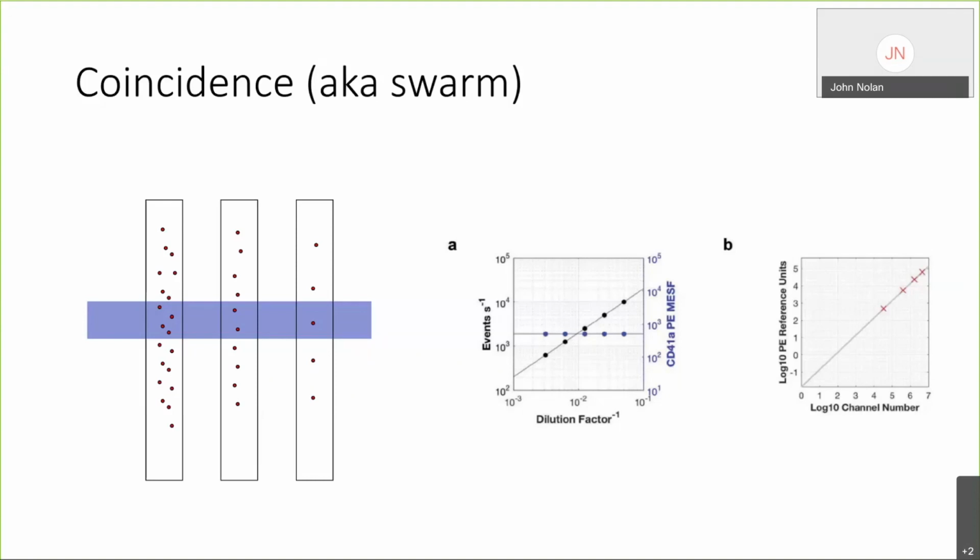The brightness of a particle is the brightness of the particle. On the other hand, if when you do this dilution series, the median brightness of your population does change, it's a good indication that you've probably got some coincidence going on. And so this is an important control to demonstrate that your assay isn't being confounded by this artifact.